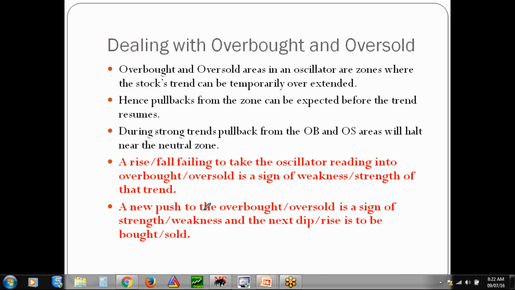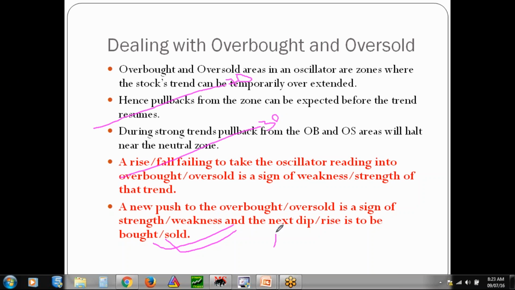A new push into the overbought or oversold zone is a sign of strength, and the next dip or rise is to be bought. This is one of our setups that I'll show you on the chart. Here, this is 70 and this is 30, sorry for the drawing.